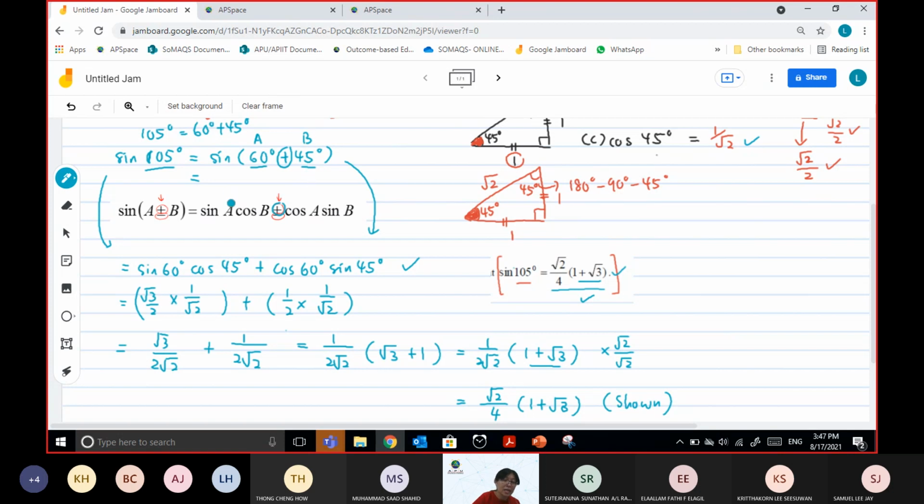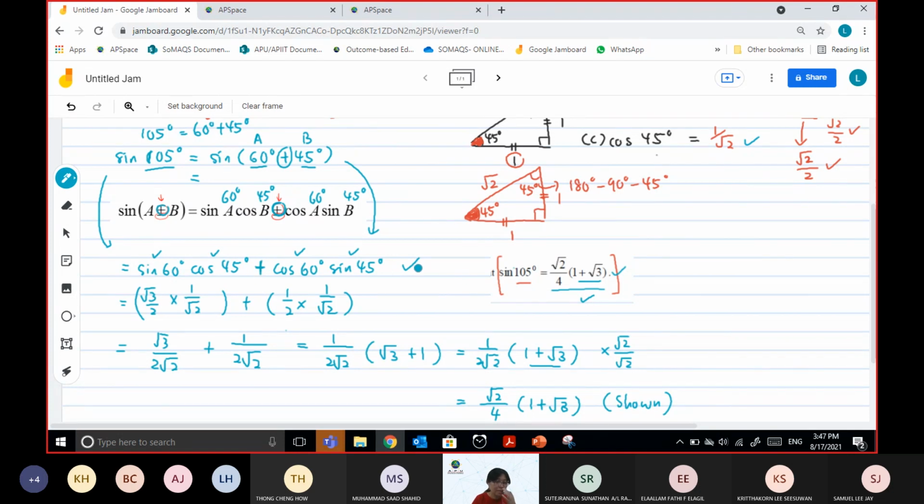Basically, you just need to substitute A as 60 degree and B as 45. So I write sine 60 cos 45 plus cos 60 sine 45, and since we involve a plus, according to the formula, here should be a plus.